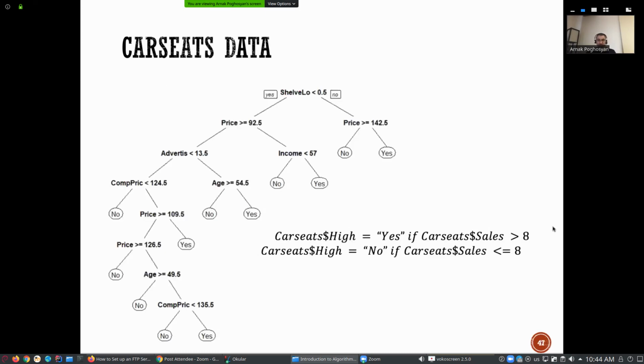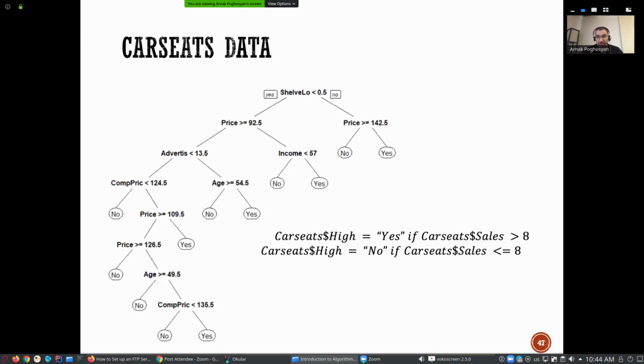That is why you see here we are using, if car seats sales is bigger than 8, then we are constructing a new categorical variable with yes and no. When we have bigger than 8, we put yes in this new variable, car seats high, or otherwise we put no. So we are transforming our numerical variable sales into high and low sales.